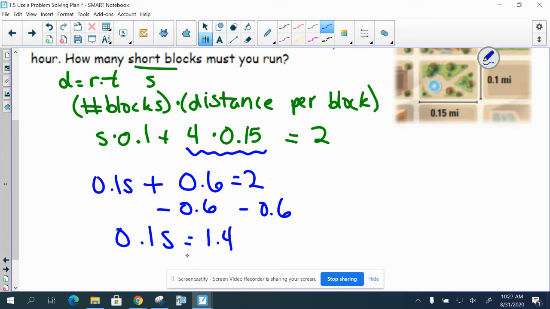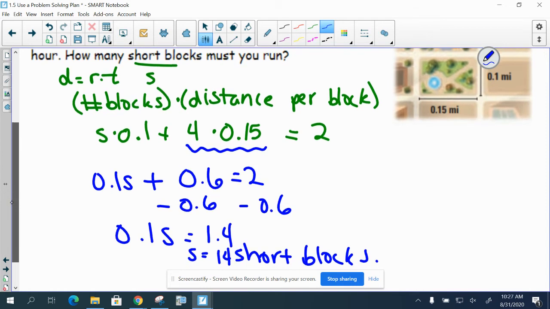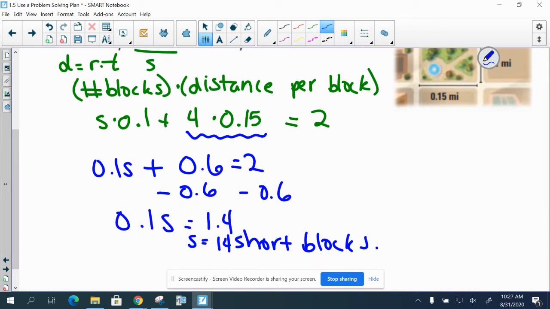Divide by 0.1, and you get 14. So total, you would need 14 short blocks. Notice that you didn't use the rate that you were going, because it didn't ask for time. It just asked for how many blocks you went.